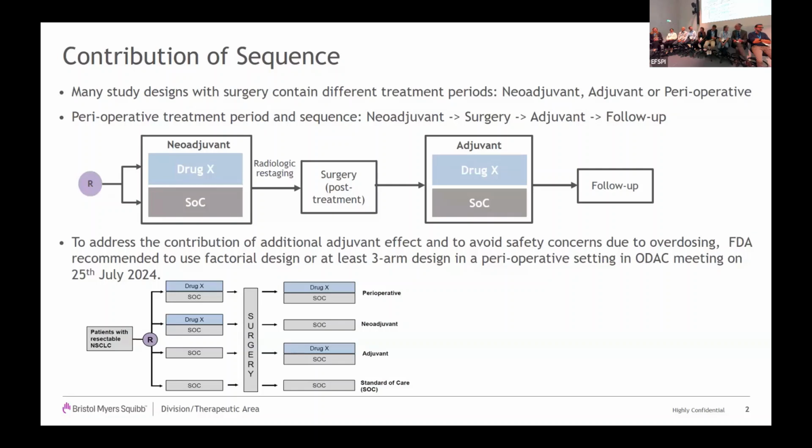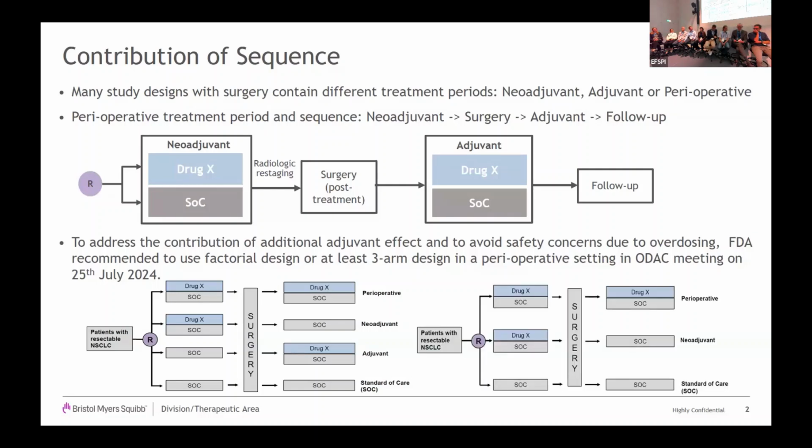Because this is a lot to test and leads to a big-scale study, FDA have also said that if it is not possible to have a 4-arm design, then a 3-arm design is also acceptable, including the perioperative arm, the neoadjuvant arm, and the control arm.